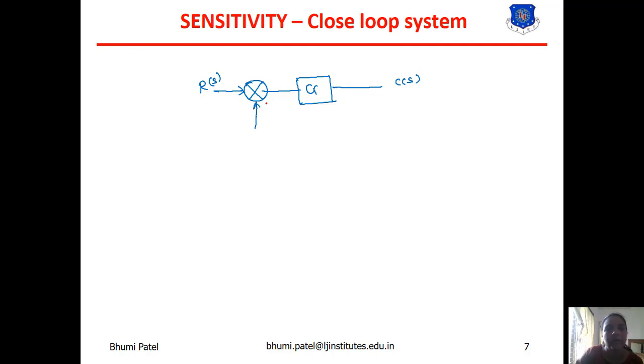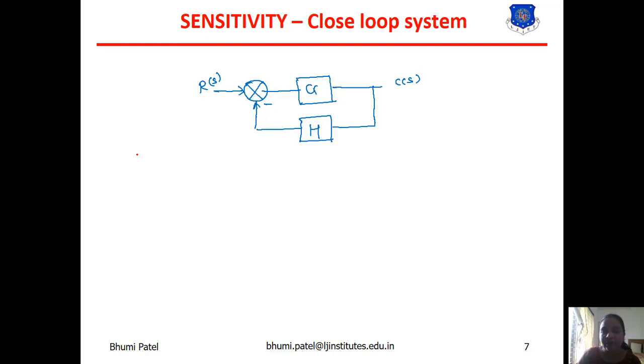We connect a feedback element, and the name of the feedback element is H, and here we have connected a negative feedback. So this is one closed loop system.